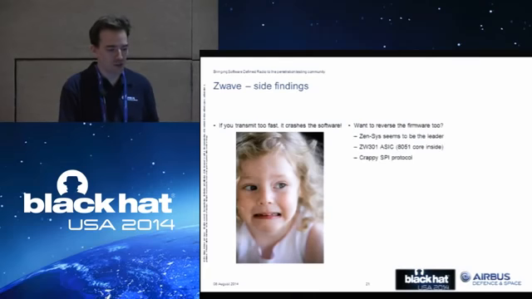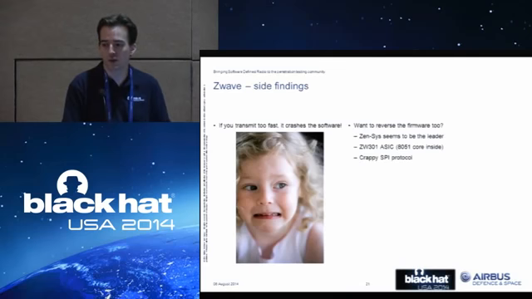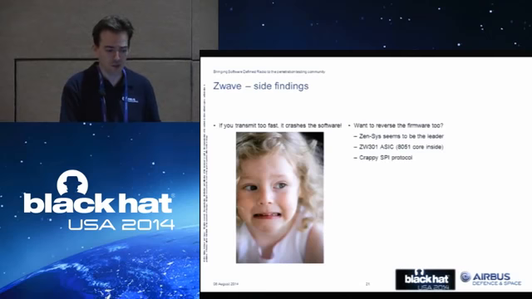At some point, we wanted to reverse the firmware too, about the ASIC. The devices we were using relied on Zensys ASICs, the ZW301 ASIC more specifically. Zensys seems to be the leader providing ASICs for Z-Wave, since it's the company that brought the Z-Wave protocol. And it uses a kind of crappy SPI protocol.